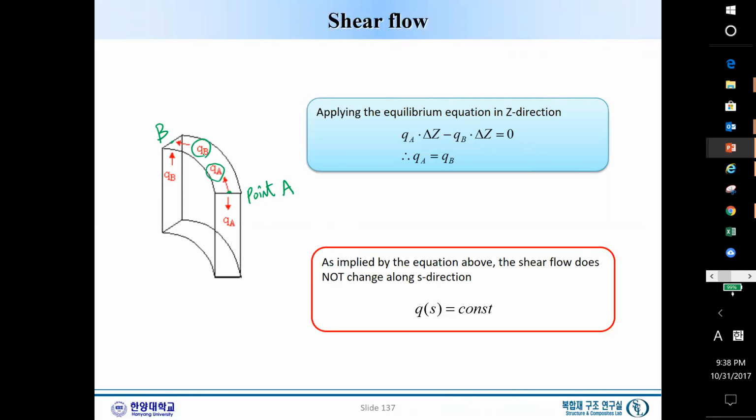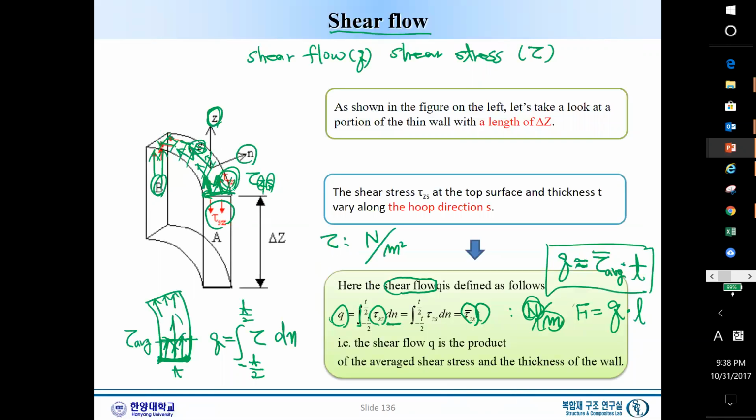Now, this shear stress and this shear stress are always the same, right? This one and that one are always the same.